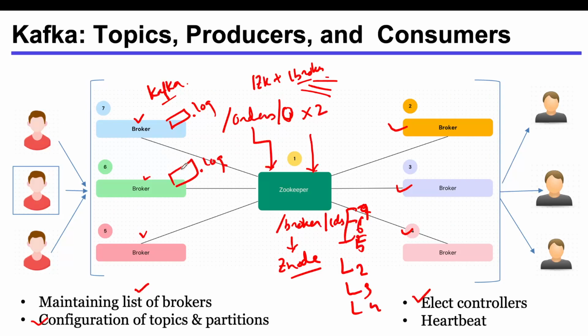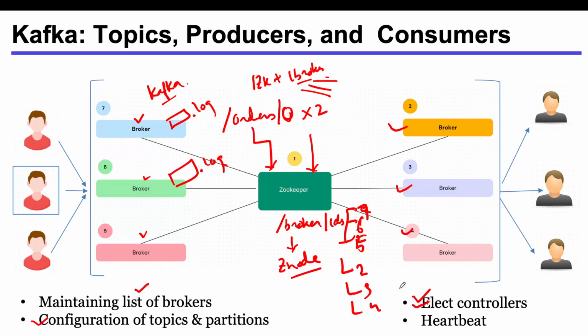That's called replication. Now, suppose this replication doesn't happen, then who has to notice that the replication has not happened and instruct these brokers to replicate? That will be done by the controller.